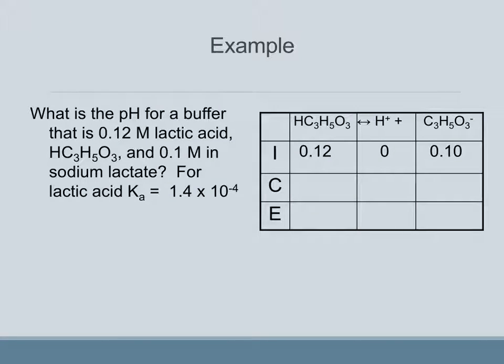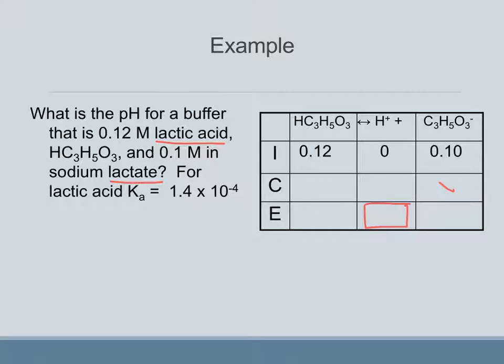Here is a problem. What is the pH for a buffer that is 0.12 molar lactic acid, HC3H5O3, and 0.1 molar sodium lactate? You can see that you have both lactic acid and the lactate ion. They give you the Ka for lactic acid, and if we were doing this problem in the traditional way, we would set up an ICE chart like you see here, and we know that we're ultimately looking for this value.